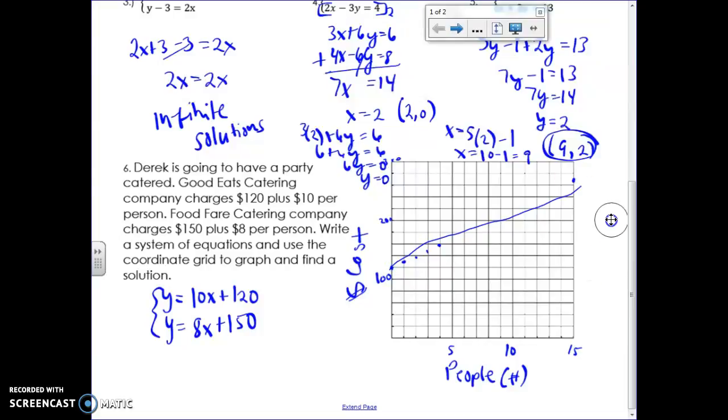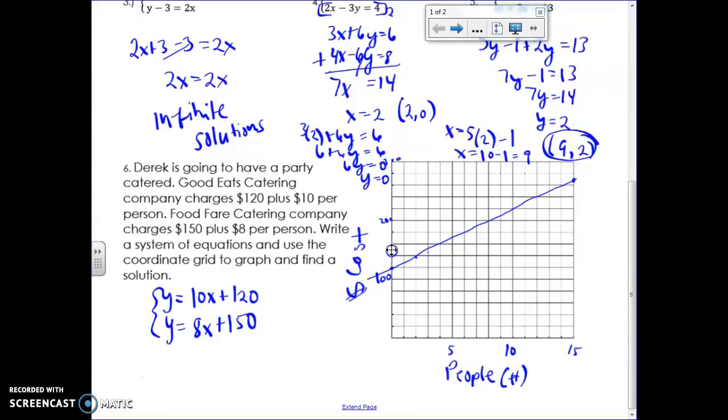Let me redraw this. You'd have a straight line like that.